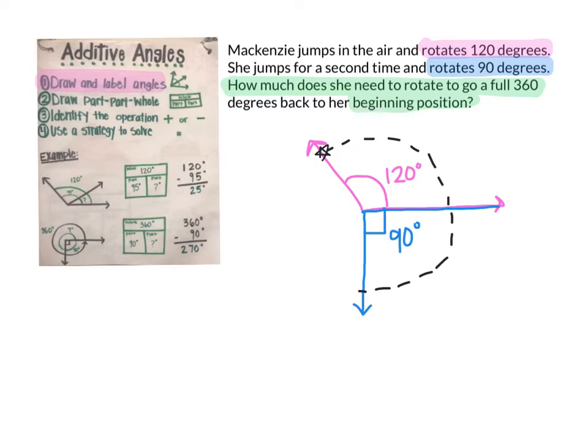So we want to figure out how much more she needs to jump to get back to that starting position. And we know that a full circle is equal to 360 degrees. So we are solving for this missing angle here.